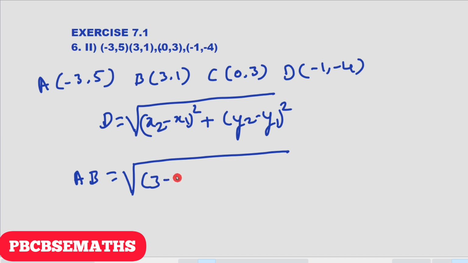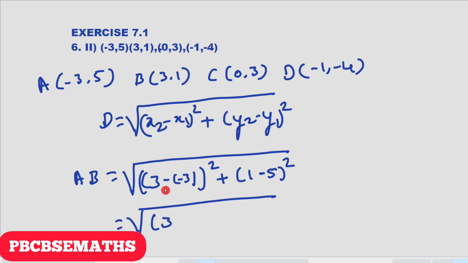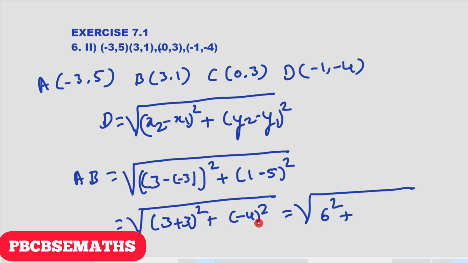So here we're going to write 3 minus of minus 3 whole square plus y2, which is 1, minus y1, which is 5, whole square. Let's simplify it. Square root of 3 minus into minus 3, that is plus 3 whole square, plus 1 minus 5, that is minus 4 whole square, which gives us square root of 3 plus 3, that is 6 square, plus minus 4 square.